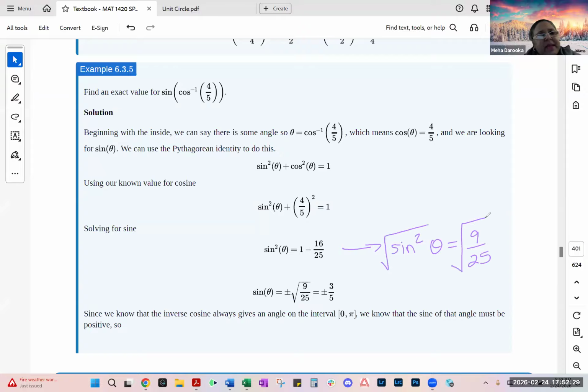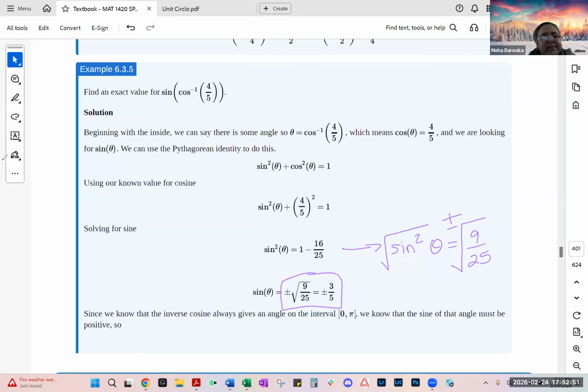So remember, we end up taking a square root on both sides of the equation, which will give us one positive and one negative root. So you can see when we simplify that, square root of 9 is 3, square root of 25 is 5. So we have to choose between these two answers. Is it going to be positive 3/5 or is it going to be negative 3/5?